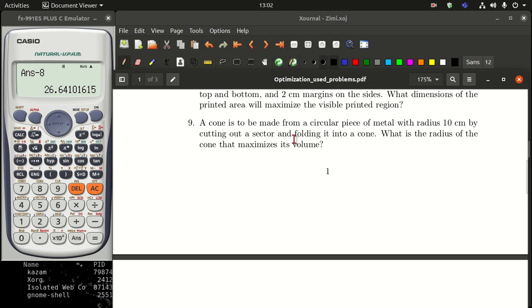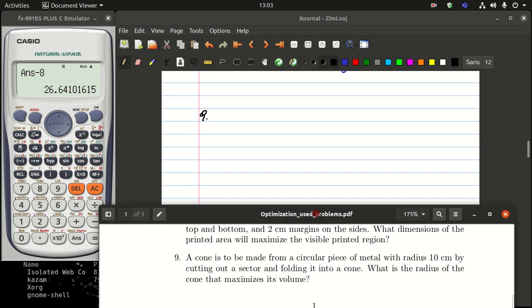A cone is to be made from a circular piece of metal with a radius 10 centimeters by cutting out a sector and folding it into a cone. What is the radius of the cone that maximizes its volume?